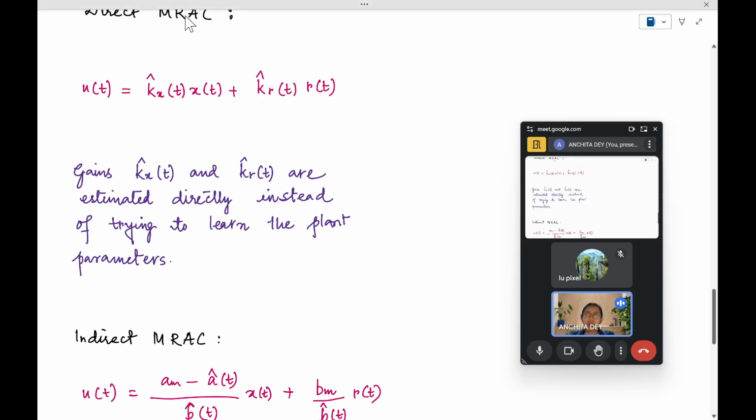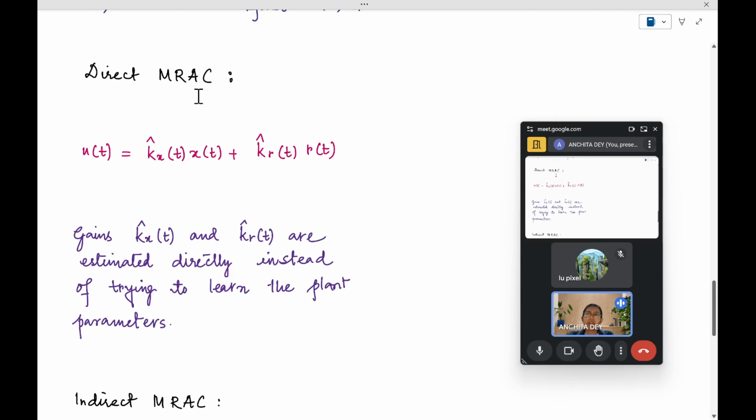We have a model reference and we were trying to learn the parameters because we don't know the system parameters, and accordingly design an adaptive controller. In case of direct MRAC, we are not interested to know about the system parameters. We just want to design a suitable controller, so we go ahead with designing adaptation laws for kx hat and kr hat.